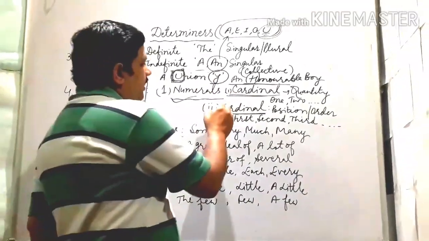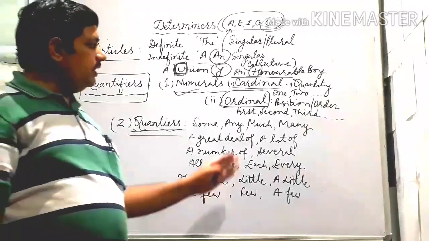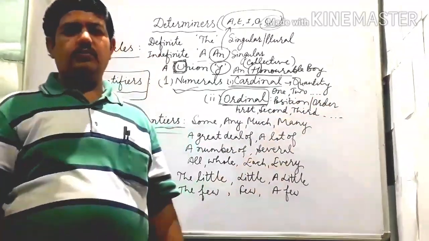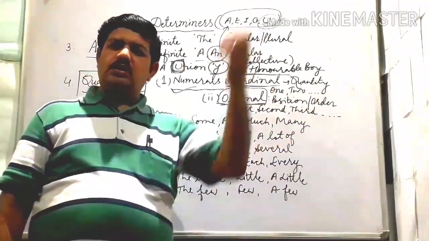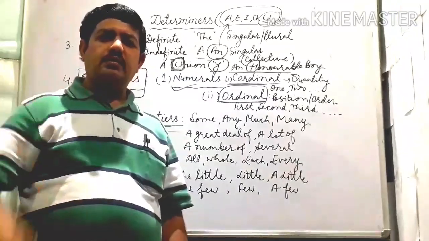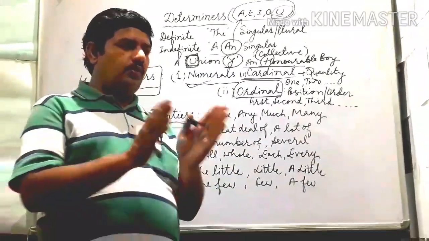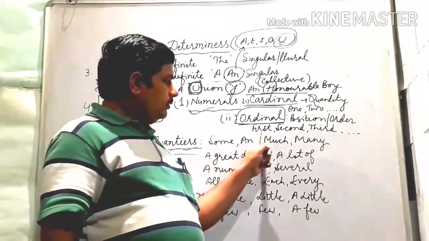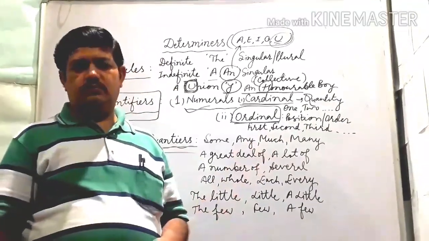Cardinal number. Next is ordinal number. Ordinal numbers refer to some kind of order, some kind of position. Like first, second, third, that also goes unending, which means there is no particular definite unit of this. Like he got first position.